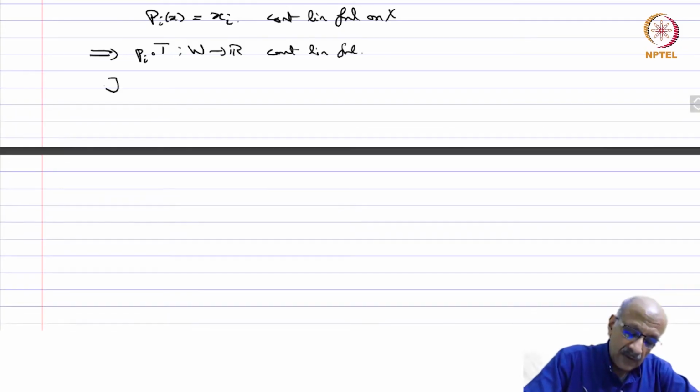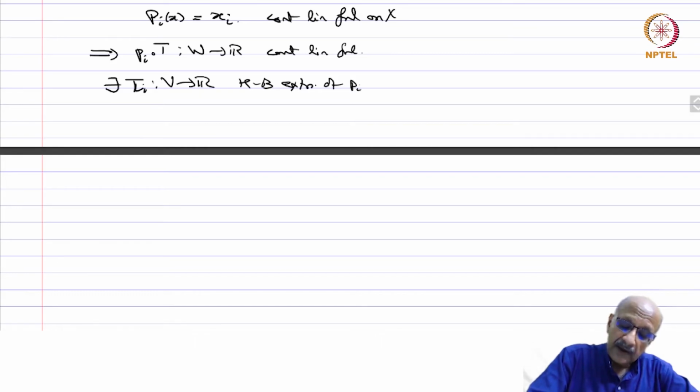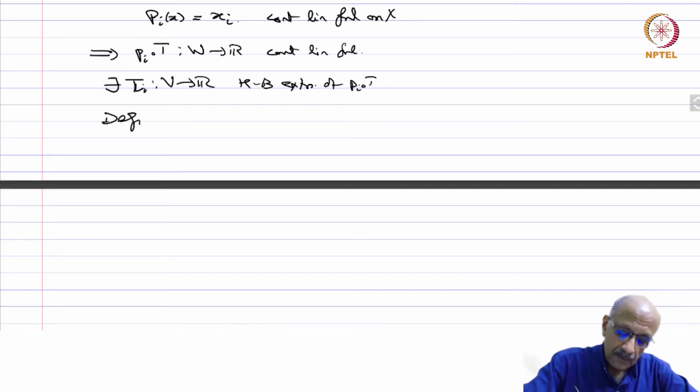So there exists Ti, let's say I don't need a bar here, Ti from V to R, a Hahn-Banach extension of pi i T. So now you define T bar of x equals sigma Ti of x times ei.